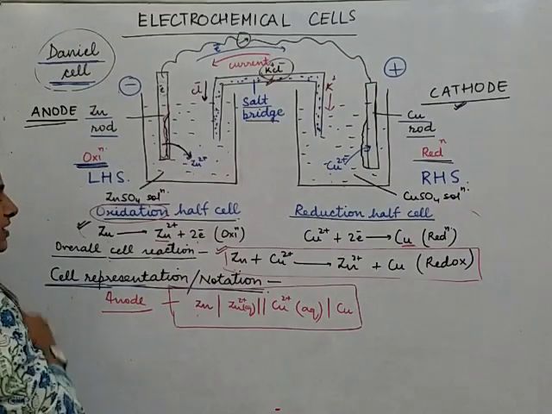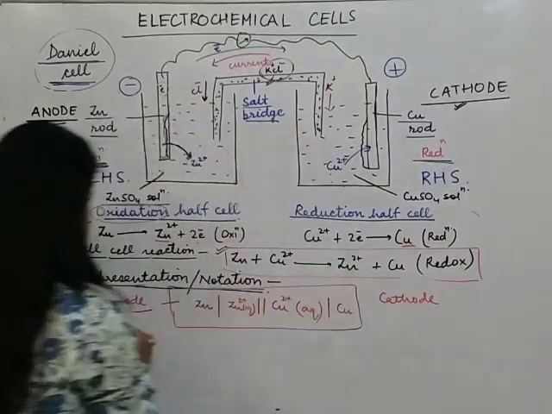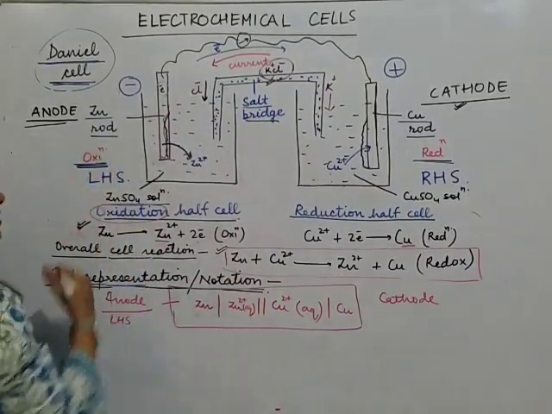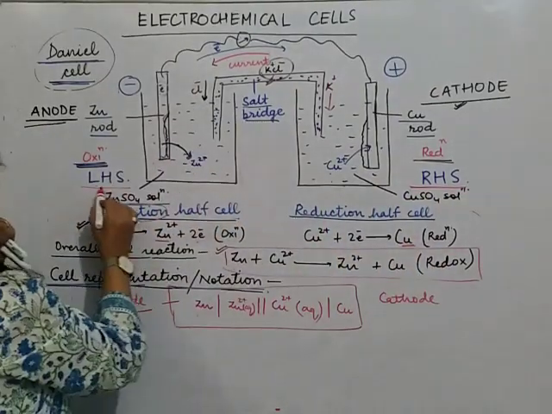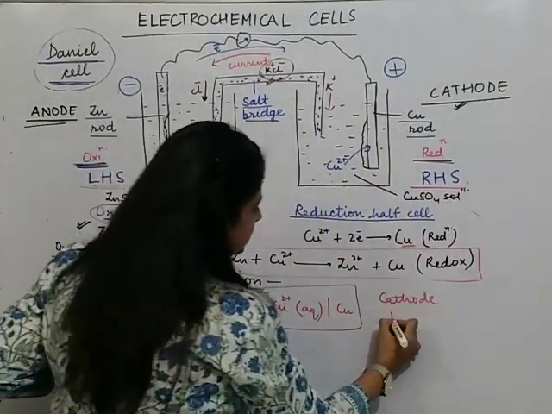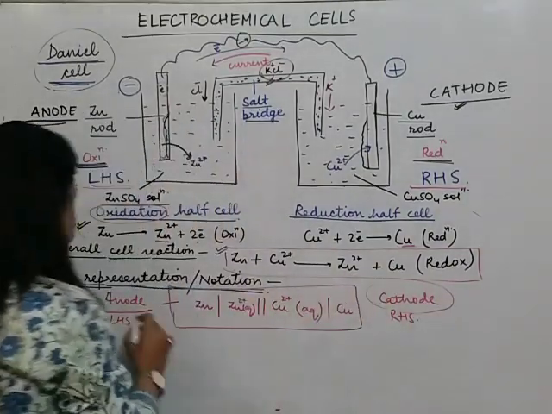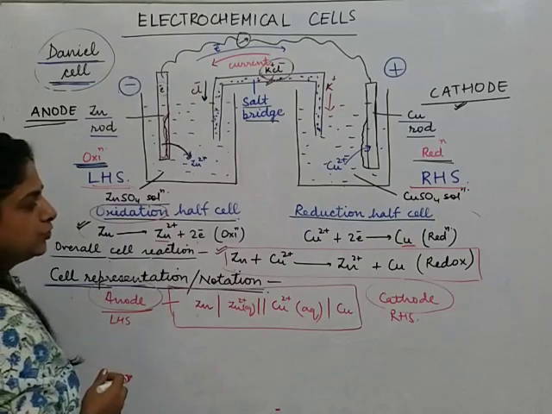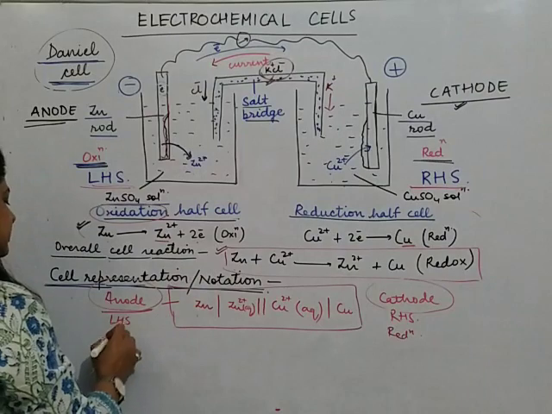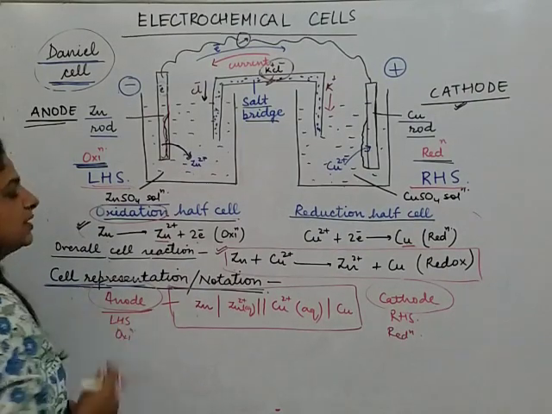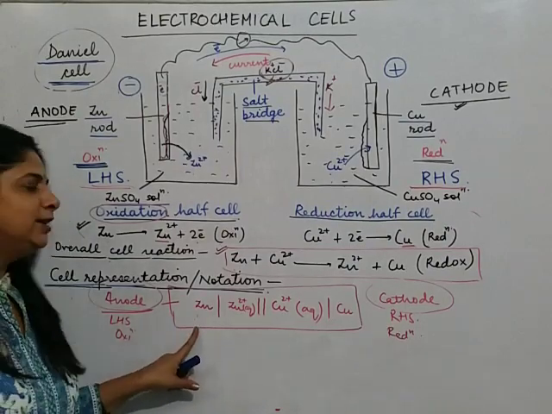This side represents the anode and this side represents the cathode. This is the left hand side, and this is the right hand side, which shows the cathode. On the right hand side, reduction is taking place. On the left hand side, oxidation is taking place. This representation is called cell notation.